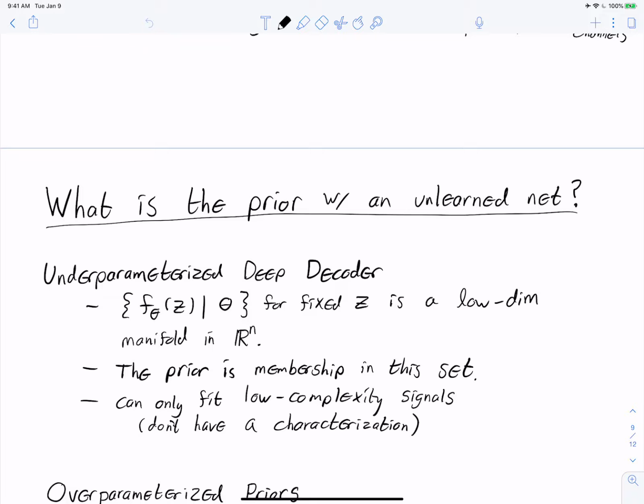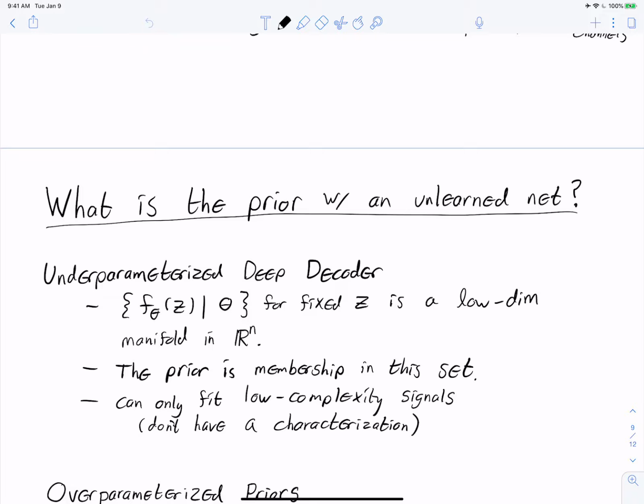Here we can consider the set of all possible things that are outputtable by a deep decoder, mathematically the set of f_theta of z over all theta. Remember that z is fixed and applied to all images, so it's really just fixed once and forever.